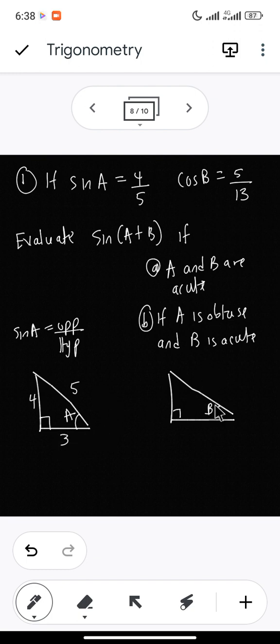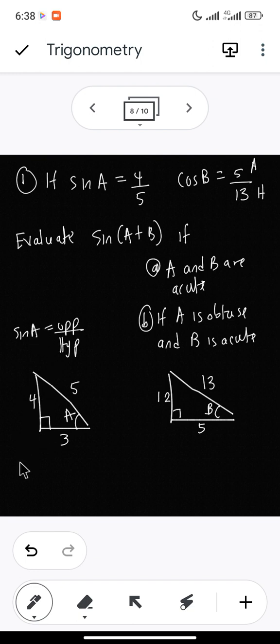Now for your second triangle, which has a reference angle of B, this is adjacent and this is hypotenuse. Your adjacent is the side that the two angles are resting on. So this is 5, and your hypotenuse is 13. This is also a Pythagoras triple, 5, 12, and 13. So this is automatically 12.